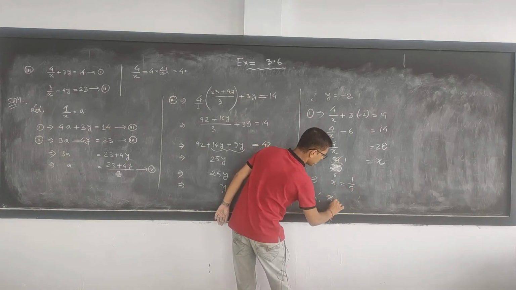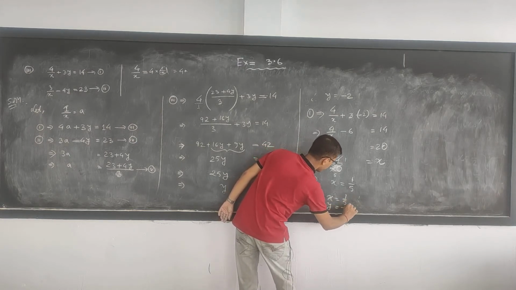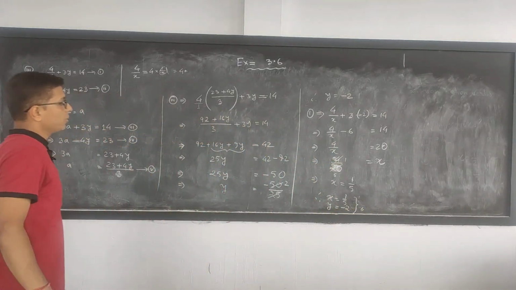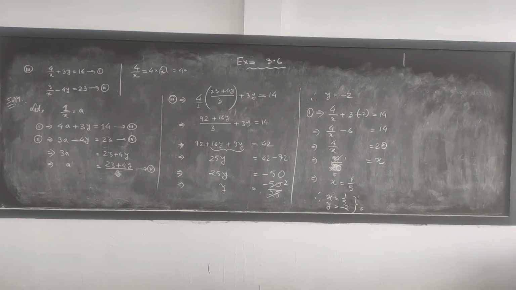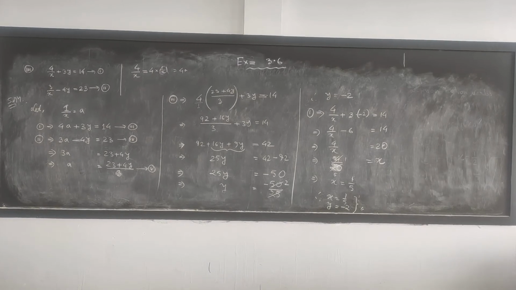So therefore x equals to 1 by 5, y equals to -2 are the solutions to this question. Okay, so hope you have understood the solution of question number 3. Now question number 4 is there. We are going to enjoy question number 4 very soon in the next solution.